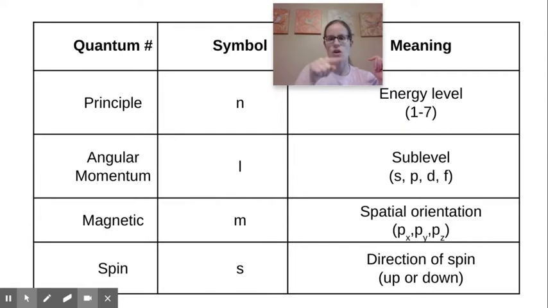You can have one on the y-axis. And then the z-axis would be the one coming out toward you. It's like the 3-dimensional axis. So you could have another hourglass shape on the z-axis. And the 4th quantum number is the spin, or S, and it's the spin of the electron, either up or down.